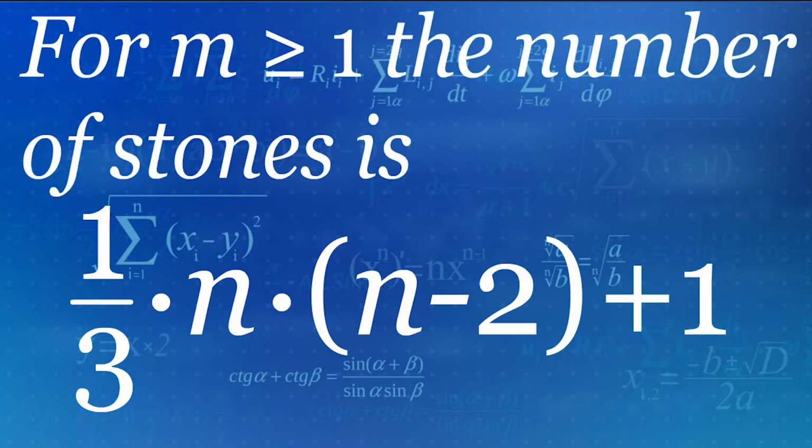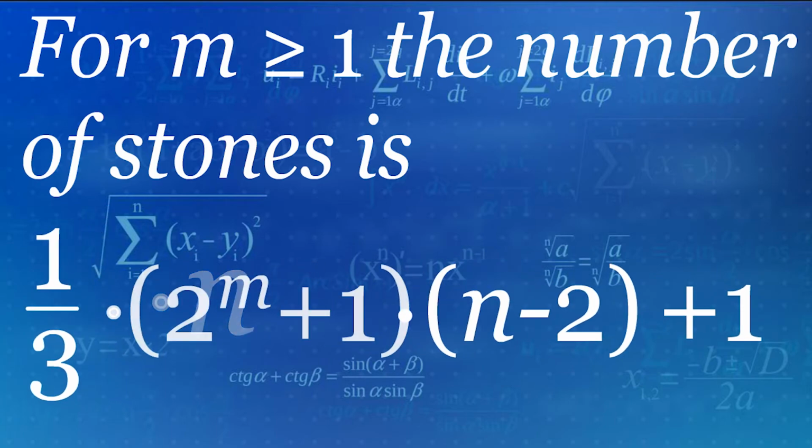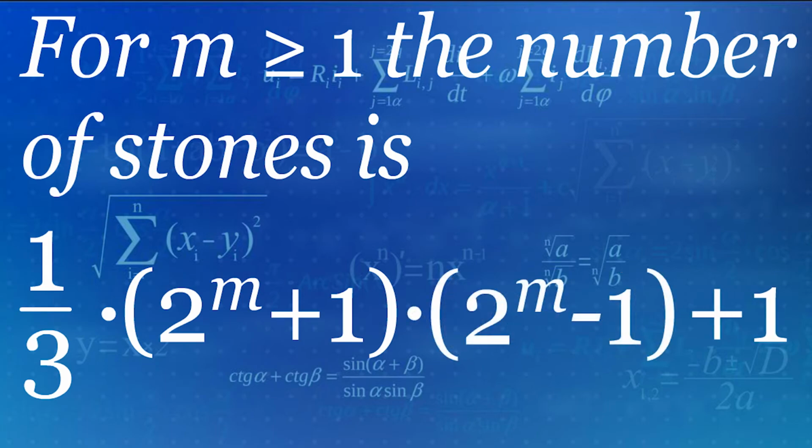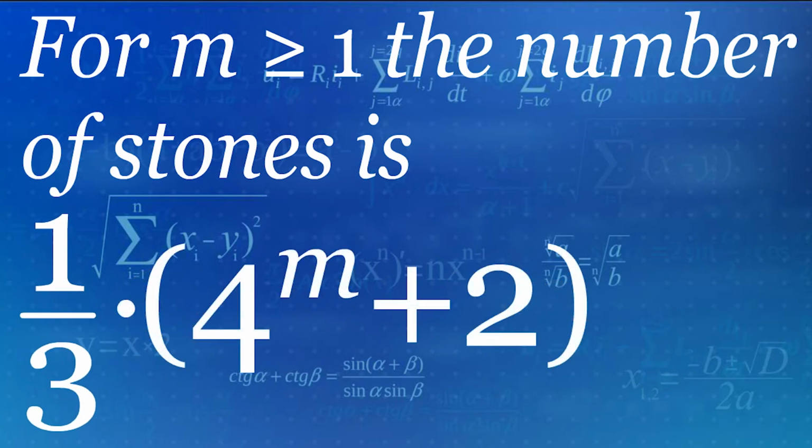That is, for each positive integer m, the number of stones is equal to 1/3, multiplied by 2 to the power of m, plus 1, multiplied by 2 to the power of m, minus 1, plus 1. Equivalently, the number of stones is equal to 1/3, multiplied by 4 to the power of m, plus 2.